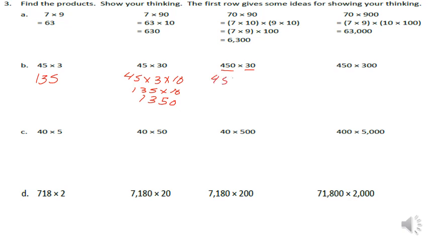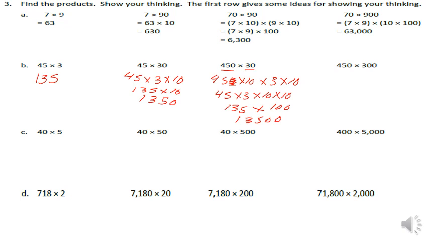So we're going to go 45 times 10 times 3 times 10, which allows us to go 45 times 3 times 10 times 10, which means we know this is 135 times 10 times 10, which is 100, and we ended up with 13,500.